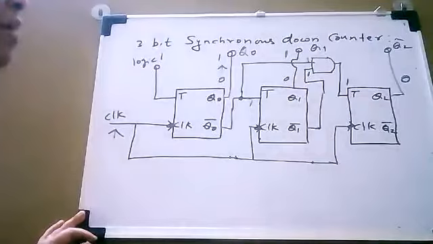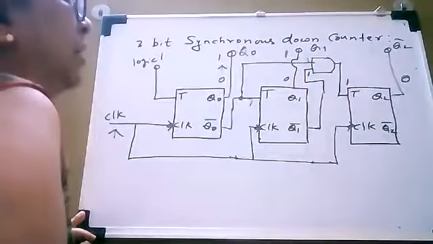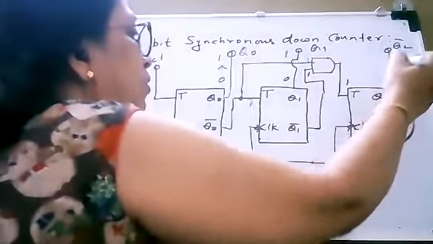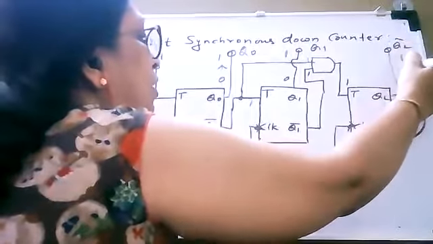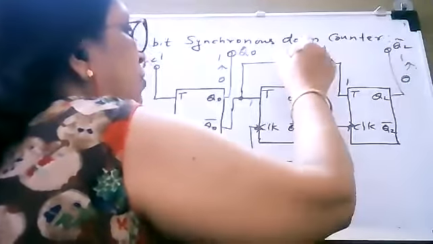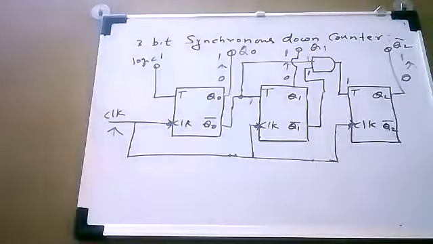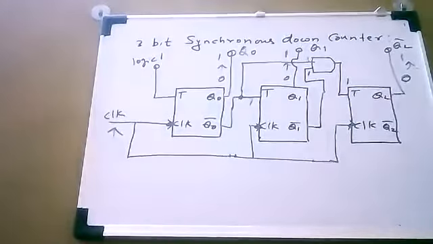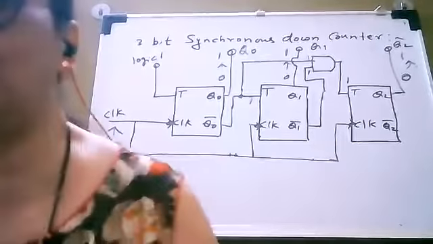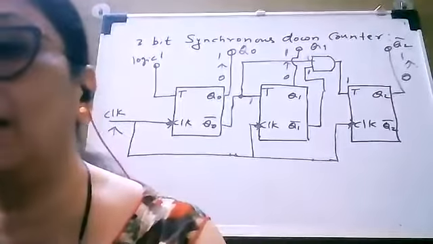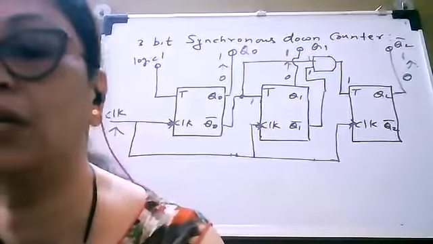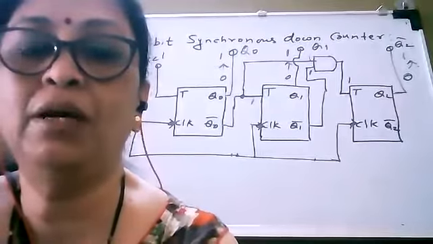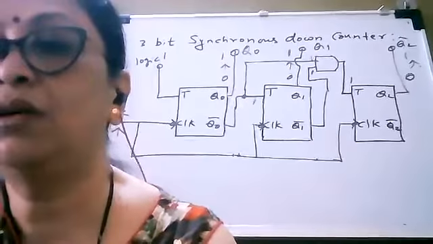Similarly, the third flip flop has input as logic 1 and therefore when the clock pulse is applied, it is going to toggle and change the state from 0 to 1. So if your previous state is 0, 0, 0, then after application of the clock signal, the output will be 1, 1, 1.